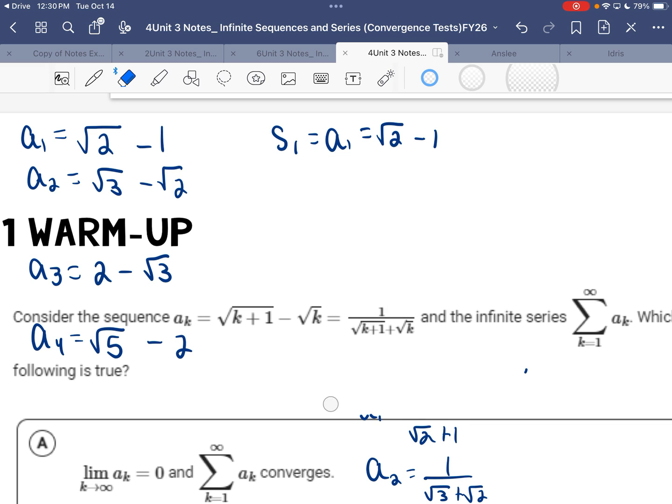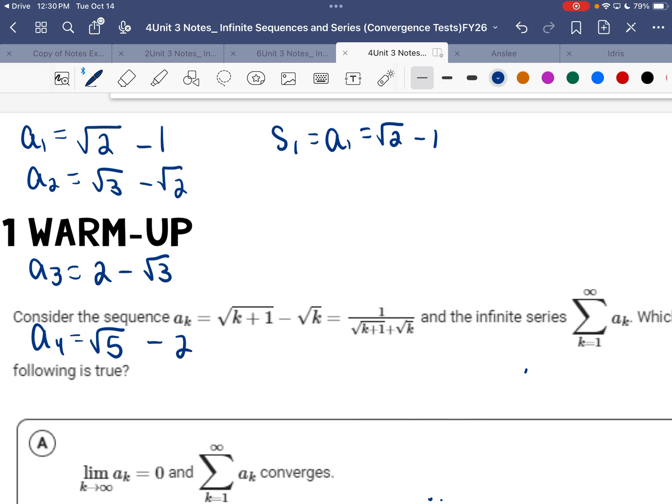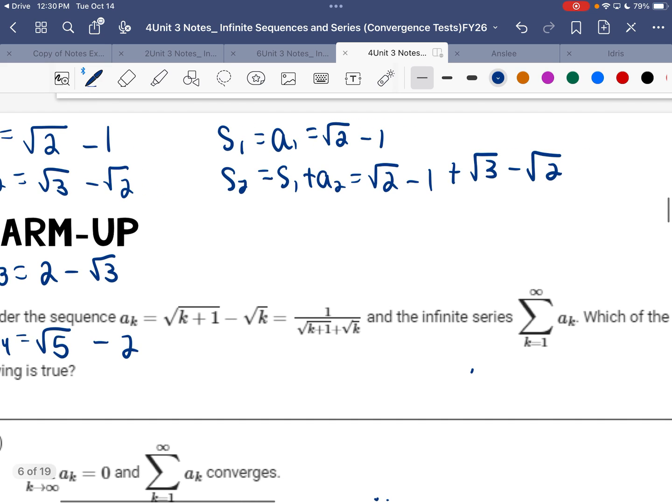S2 is taking S1 plus a2. So you have square root of 2 minus 1 plus square root of 3 minus the square root of 2. What's happening with the square roots? They're canceling, and you're left with square root of 3 minus 1. Interesting. Let's do S3. S3 is S2 plus a3.